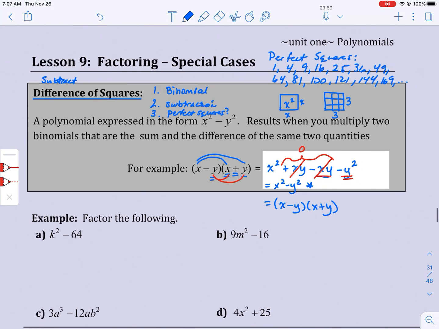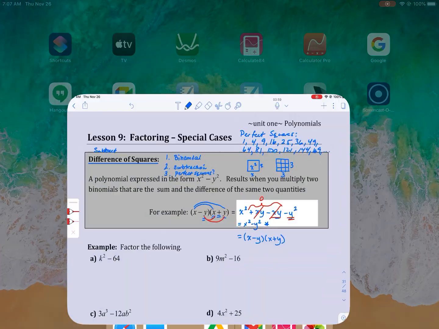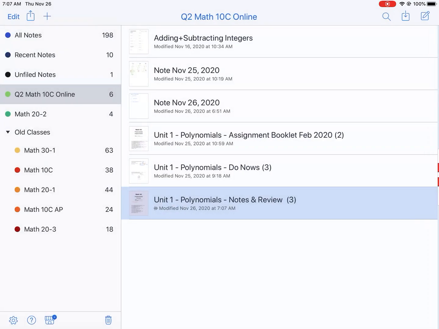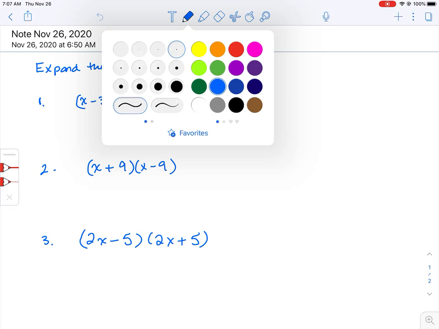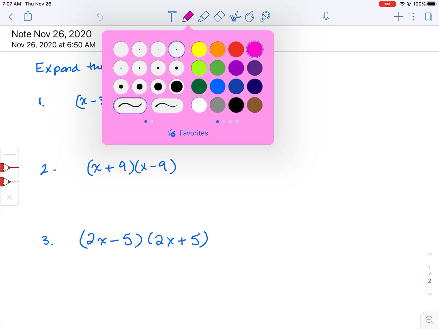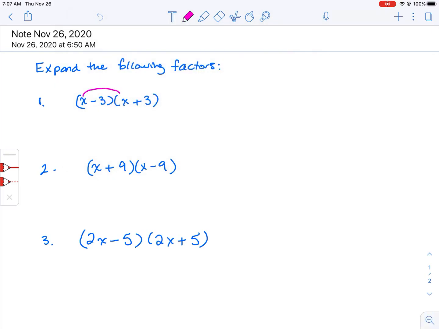So let's just go out of here for 1 second. Let's expand a couple more just to sort of hammer that home. Okay, if we expand the following sets of factors, if I take and expand x times x, we get an x squared. x times positive 3 is a plus 3x.